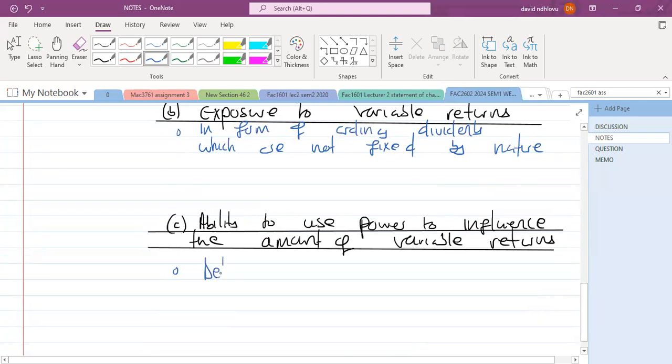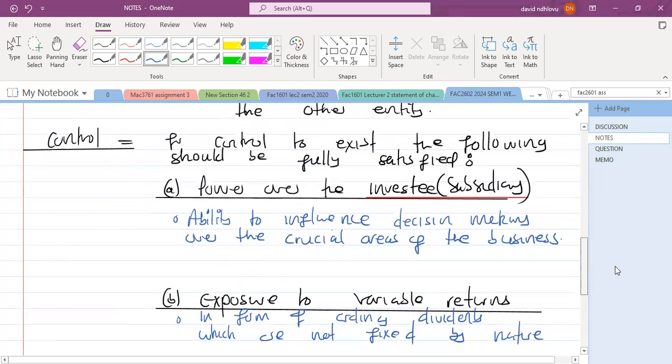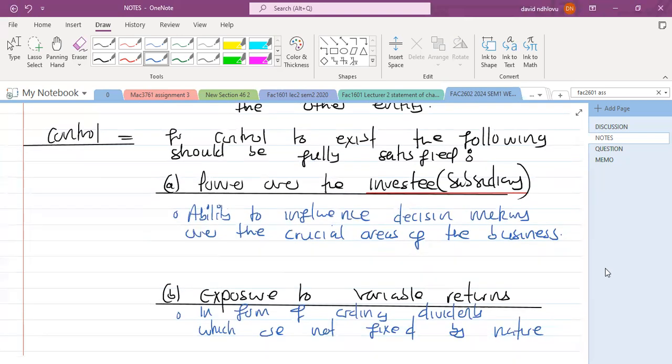So you determine the dividend to be issued. The decision making over the amount of dividend that is to be issued is also dependent on the parent. When all these three are satisfied, you then have control over the other entity, and therefore you are the parent.